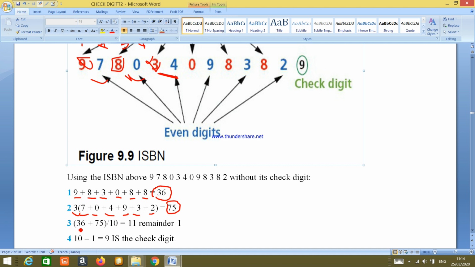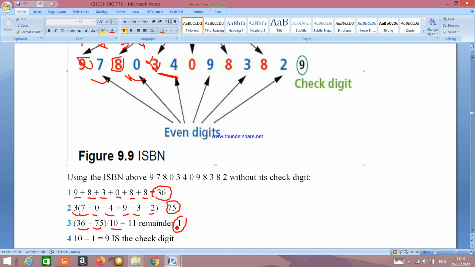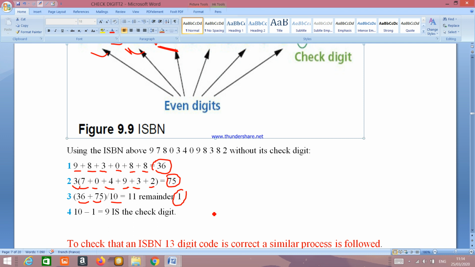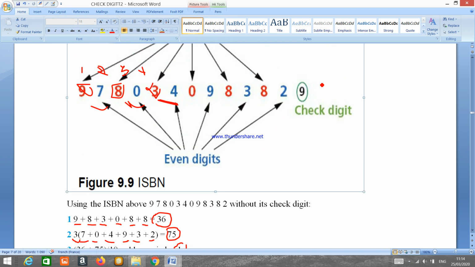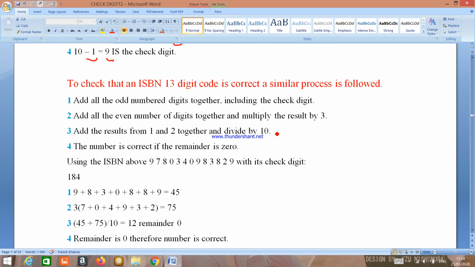Now next step, you take the odd and the even, you add them, you divide by 10, you get a remainder. If the remainder is 0, the check digit will be 0. But if the remainder is not 0, then 10 minus the remainder will give the check digit. And in this case, the check digit is 9. We put it at the back of the original number.